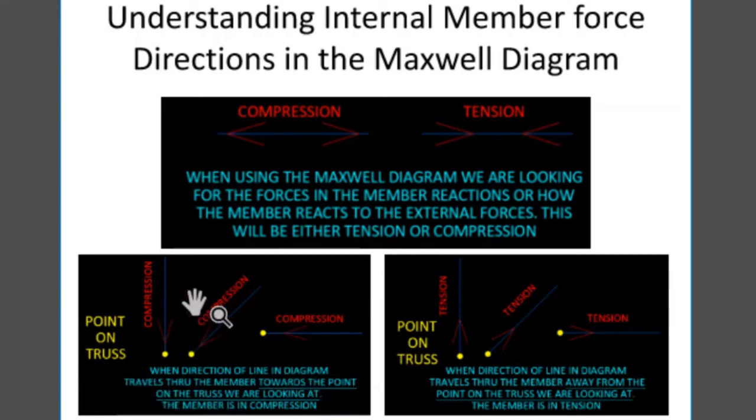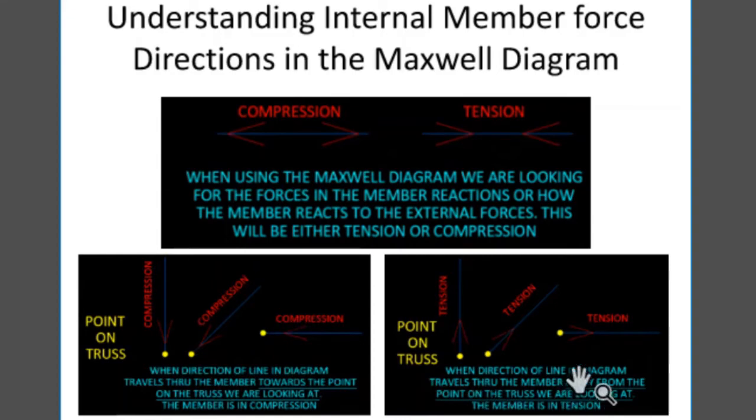So once again, there are two different diagrams here. We have the truss diagram, and then we have the force diagrams. So when your force diagram moves toward a point on your truss diagram, the forces are in compression.